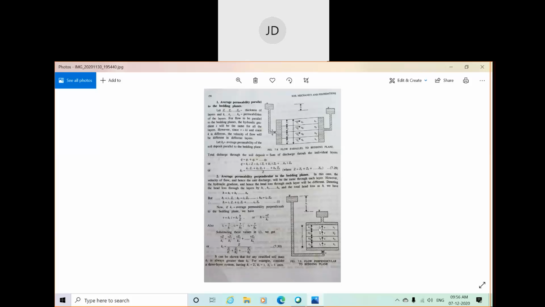When the flow is perpendicular to the bedding plane, the hydraulic gradient will be different for each layer, but the velocity of flow will be the same. This is the difference between case 1 and case 2. Try to understand case 2 by yourself; I'm going to discuss it in the next class.